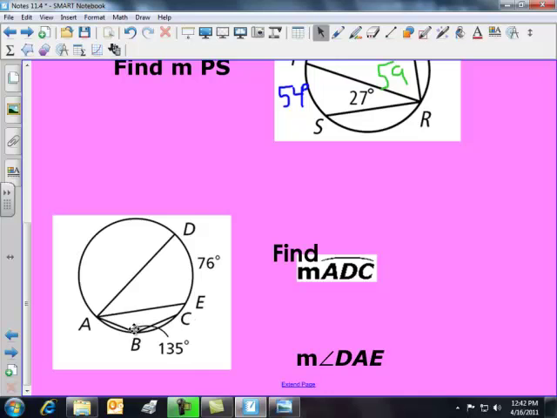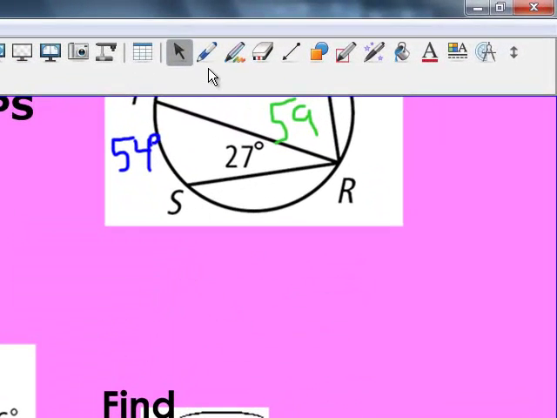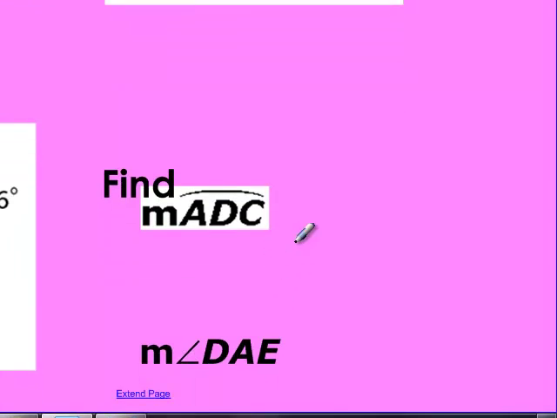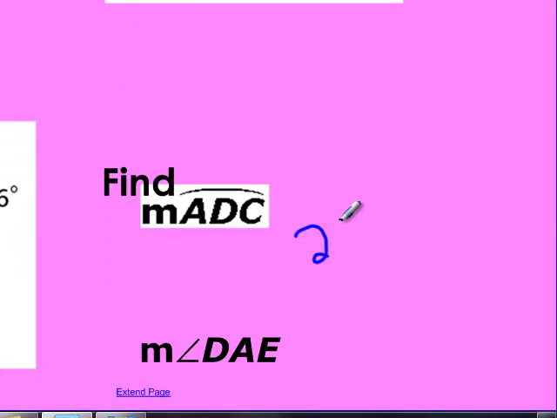So if the measure of angle ABC is 135 degrees, then think about what that is half of, or better yet, let's think about the fact that we can double that 135 degrees, which would give us 270 degrees.